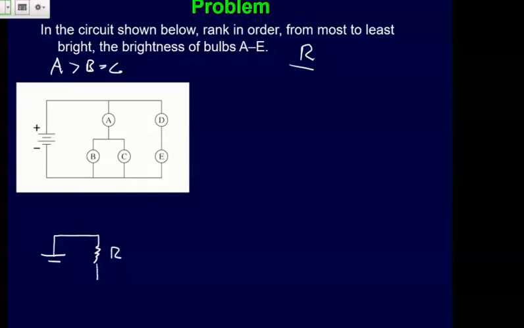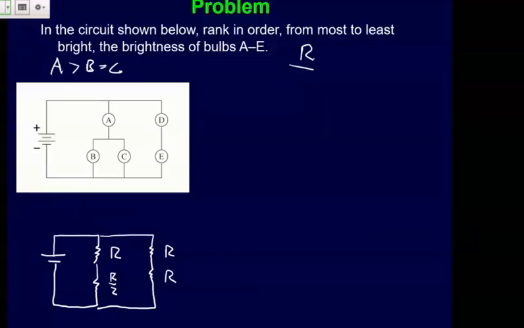So here's a resistor R. Okay, and here's the equivalent resistance of these two guys. If you do two resistors in parallel and find the equivalent resistance, you get R divided by 2. And then over here, I've got sort of the same picture. I've got an R here and an R over there. Okay?